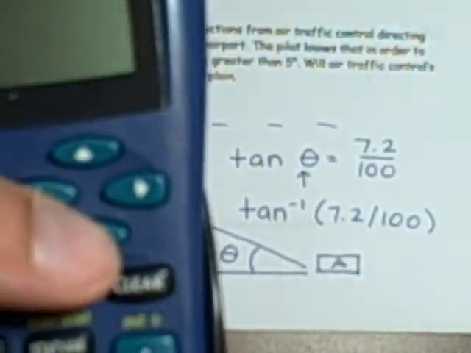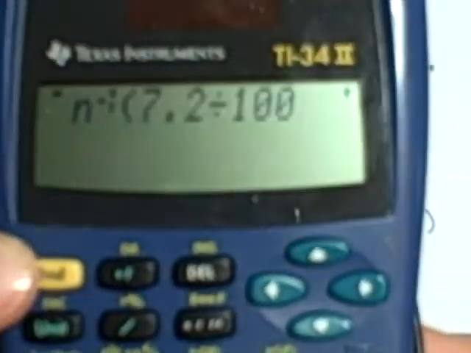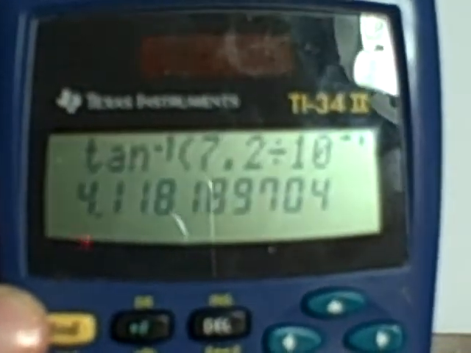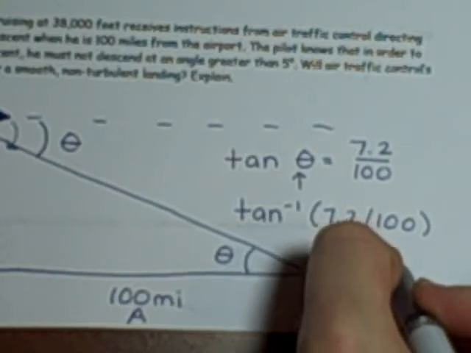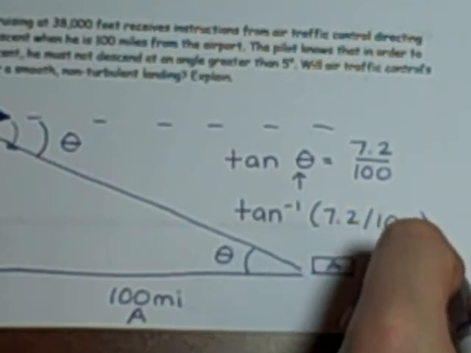Tan negative 1 of 7.2 divided by 100. Now I come out with 4.1. So that means my angle of descent is 4.1 degrees.